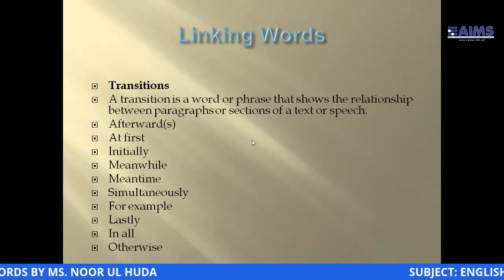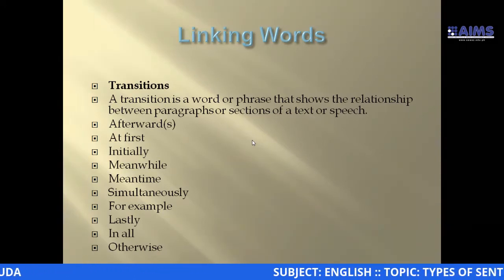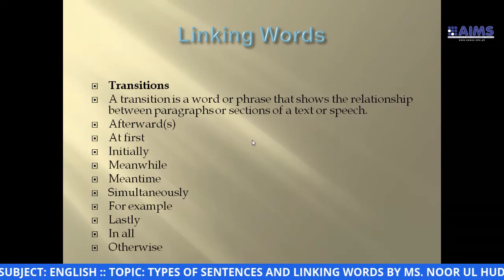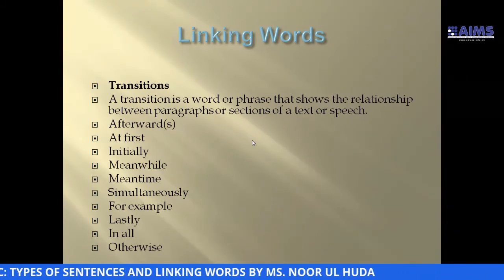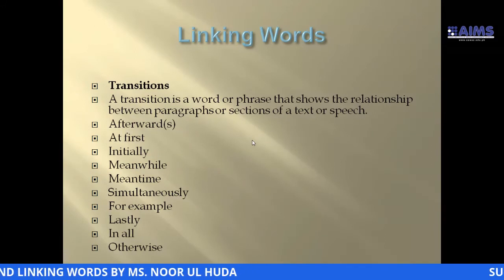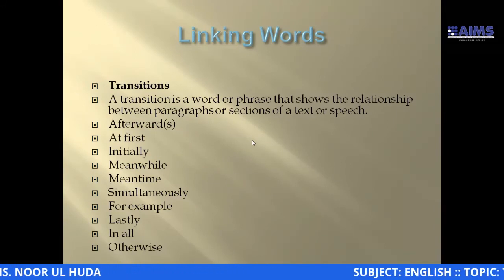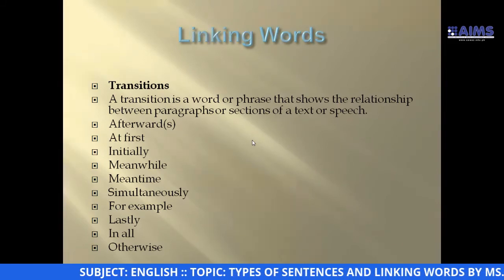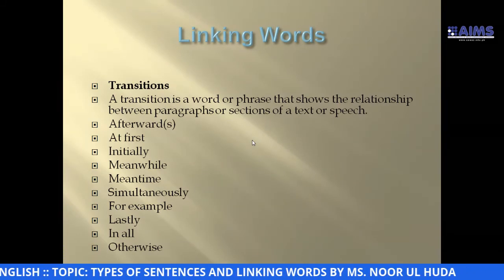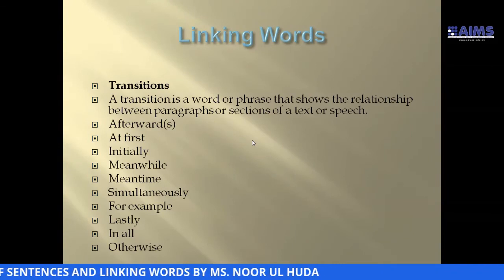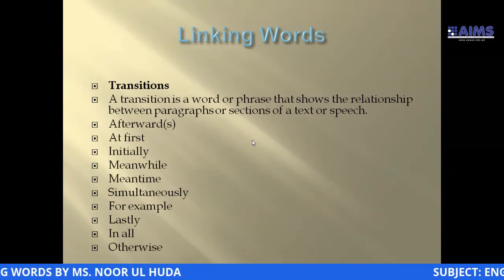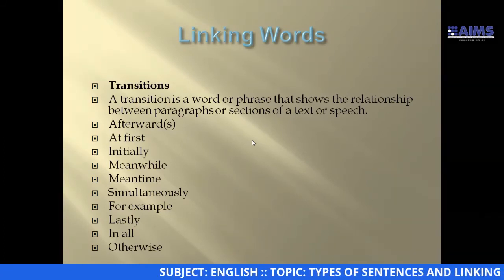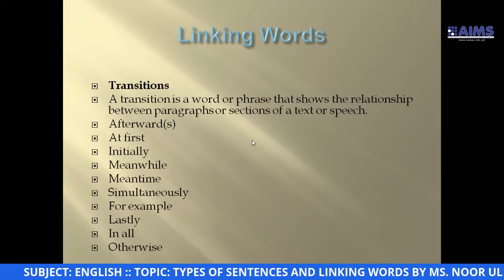Cohesion means the words have a sticking quality in between, so the reader can go from one idea to the other in a smooth way. There must not be any abrupt ending. There must not be haphazard ideas here and there in the passage. So linking words are used in a text to form cohesion and coherence.